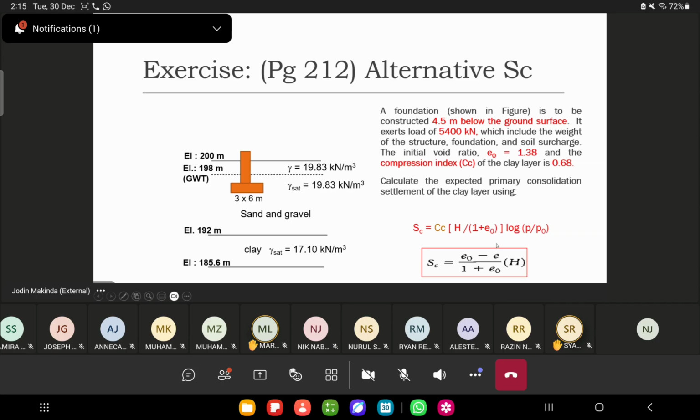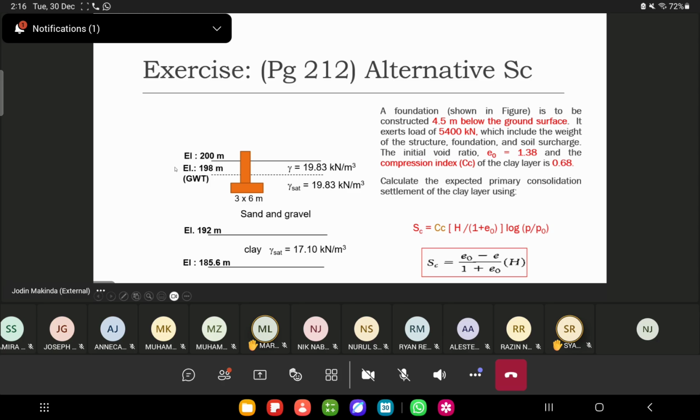All right, now let's look into one example, which is an alternative way to calculate the total settlement. In this example, we look into the foundation and the soil profile on the left side.